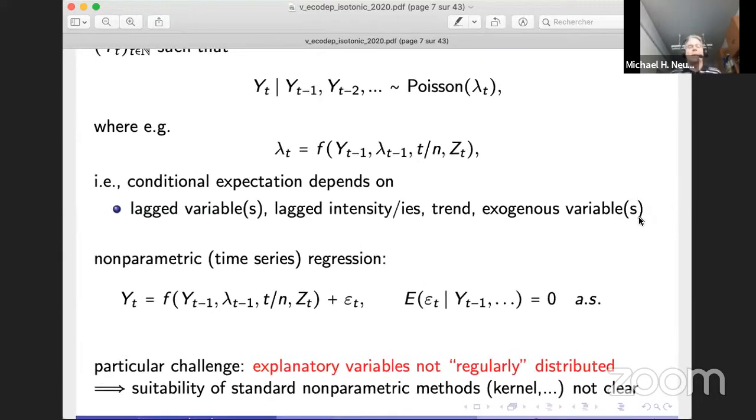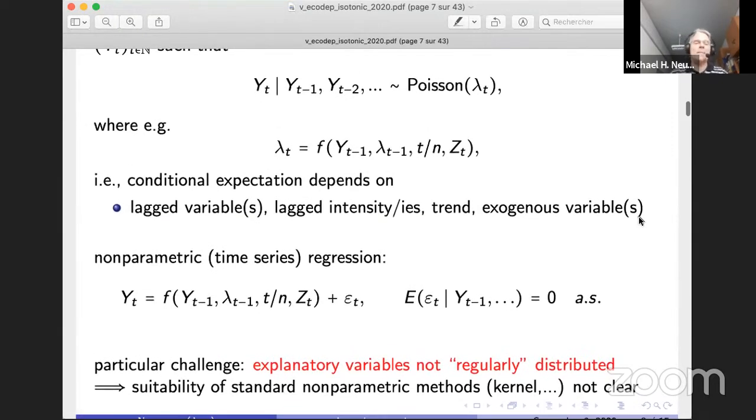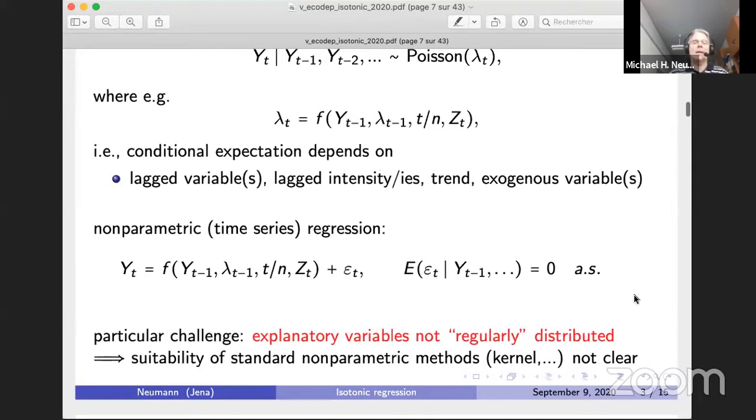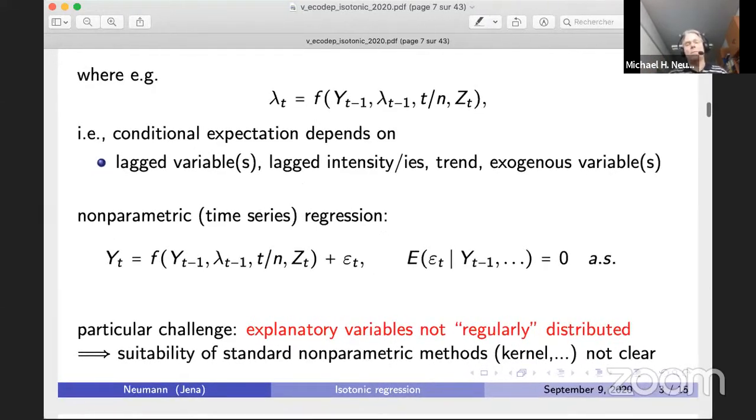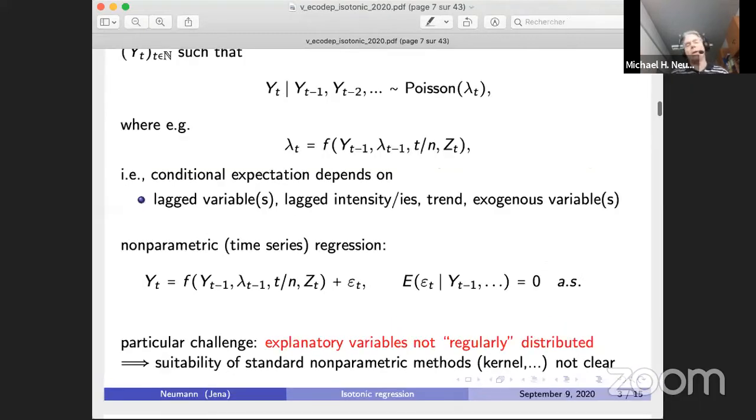So now for such a non-parametric regression model, we were seeking a reasonable non-parametric estimator, but we experienced a particular challenge here, namely the explanatory variables are most probably not regularly distributed.